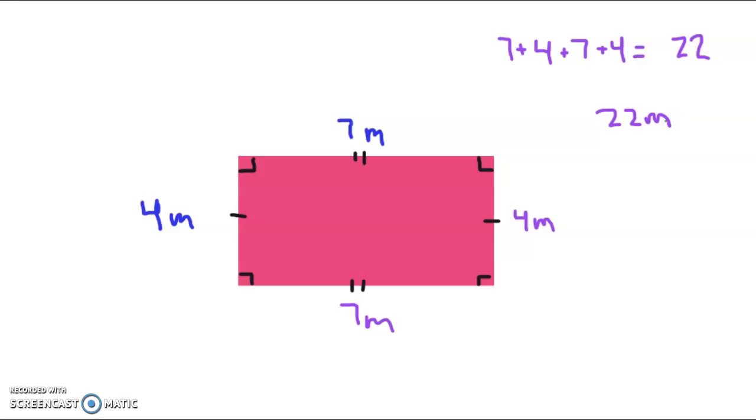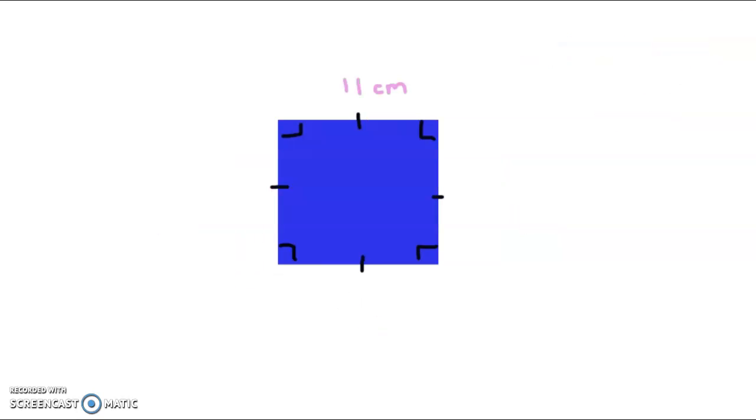Now we are going to find the perimeter of a square. A square has 4 sides and 4 right angles that are all congruent. So if we are given the measure of one side length, then we know all the side lengths.